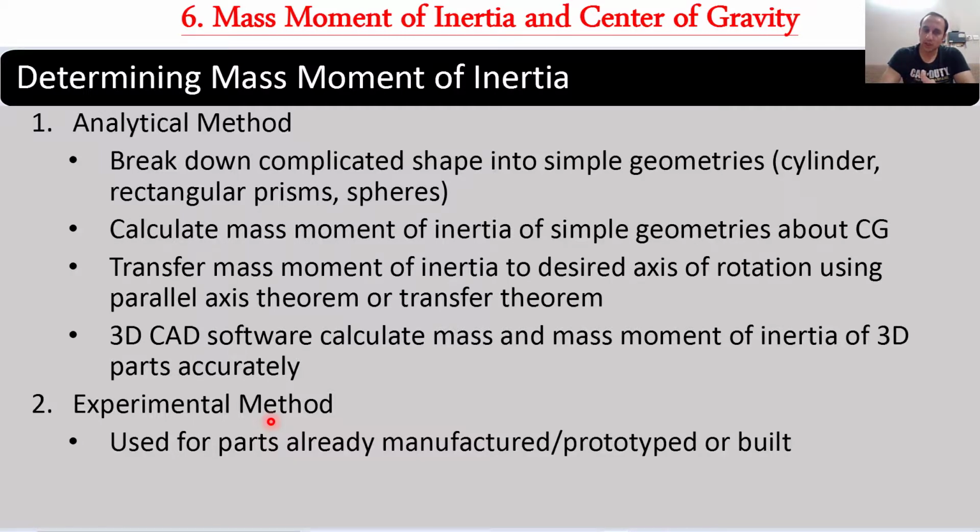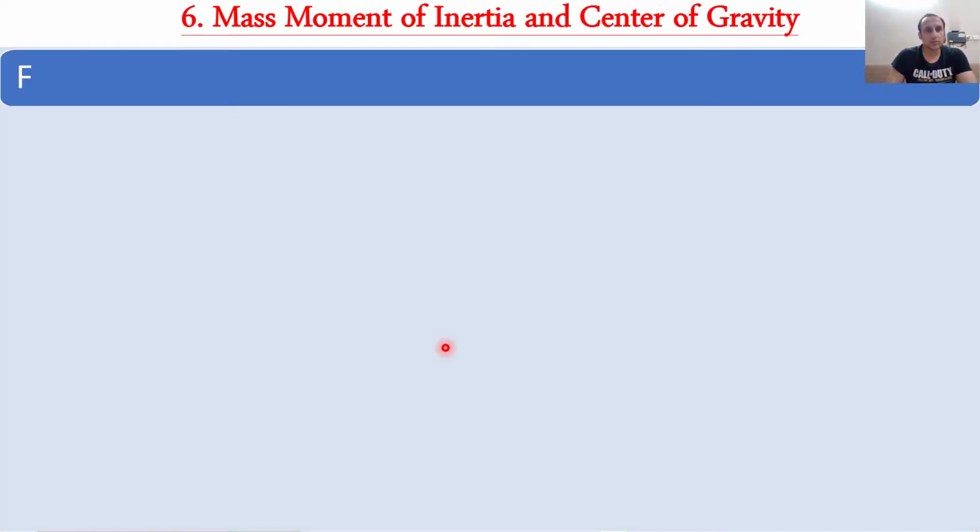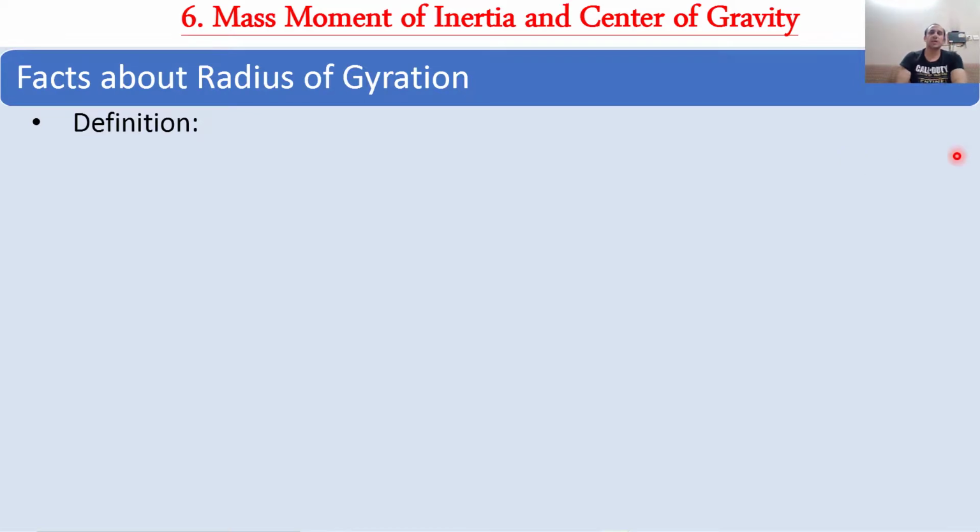It is mentioned in the book, and the example of the connecting rod of an engine is quoted, where the author calculated its mass moment of inertia using this method.